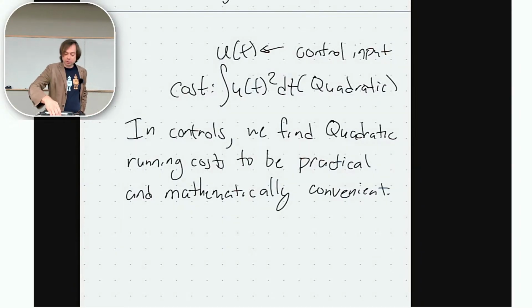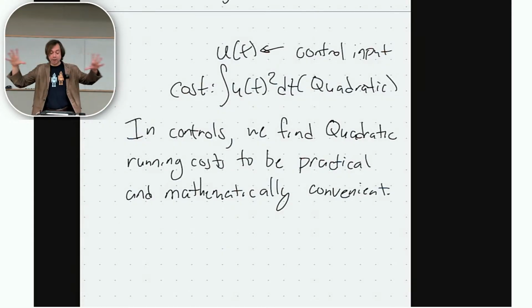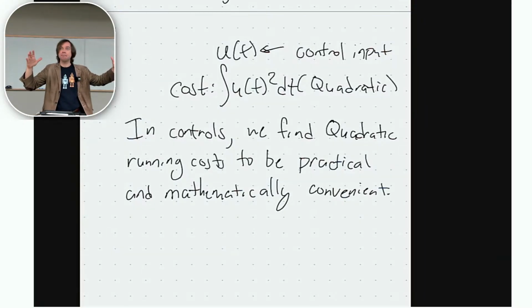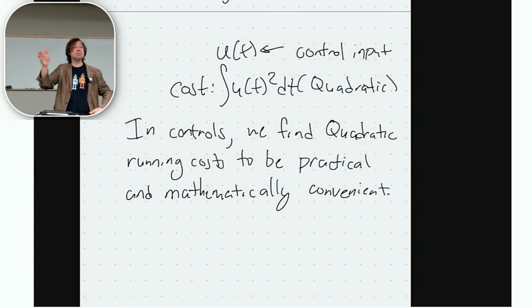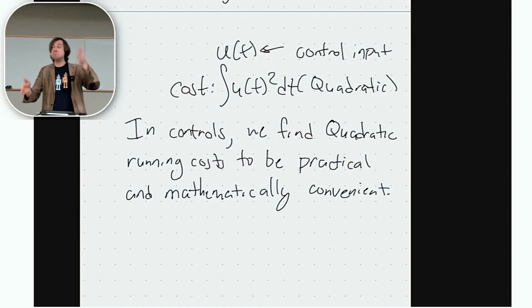So I'll spare you the rest of the math here as we get into this later. So here's the rub. If you have an LTI system and you have a quadratic running cost over time, there's a formula that will give you K. For a linear system with a quadratic cost, it'll give you a gain that regulates your system optimally.